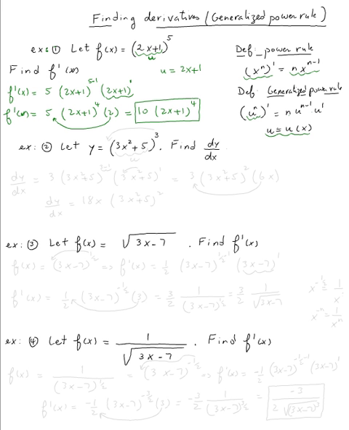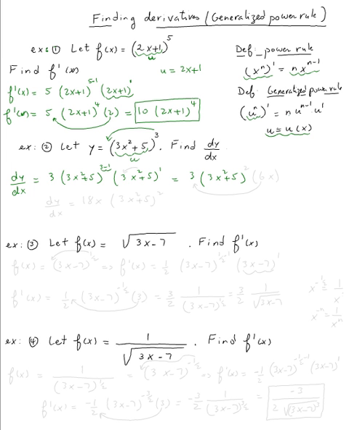Let's do another one. Again, whatever is inside the parentheses is what we call a u, always. So dy/dx is equal to 3. Remember the 3, you move it here. So 3 u to the n minus 1, n minus 1 means 3 minus 1, times u prime, times the derivative of the inside. Now this is equal to 3 times (3x squared plus 5).